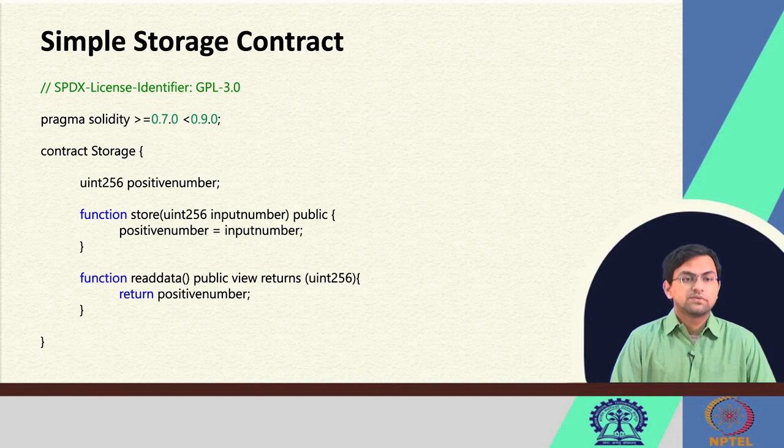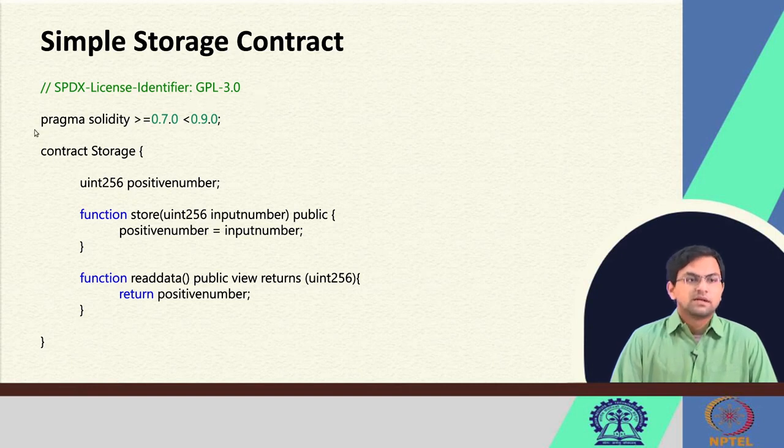Okay, so let us go through one very simple smart contract, which is for storing one variable on the Ethereum ledger and then later retrieving it. The first line is actually a comment which says the license of this particular contract, because when this contract will be deployed, this will be important.